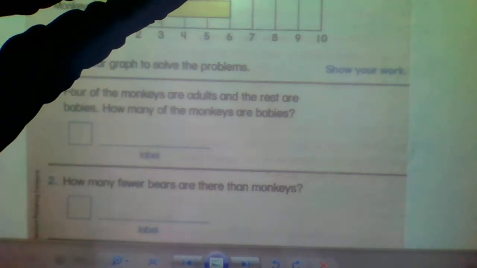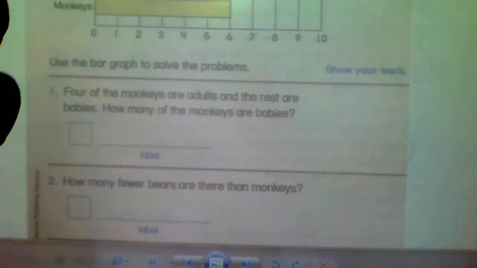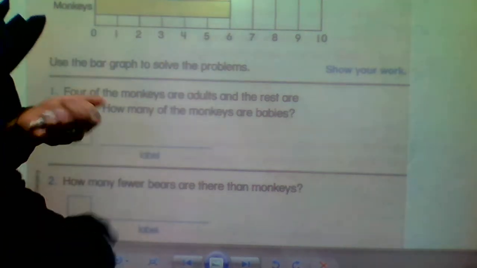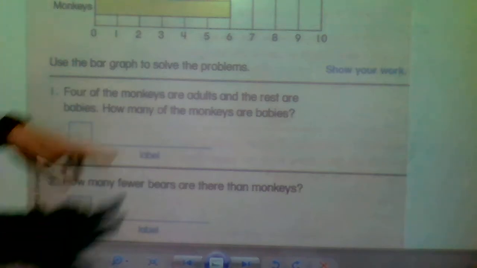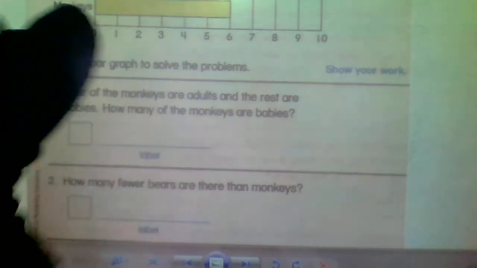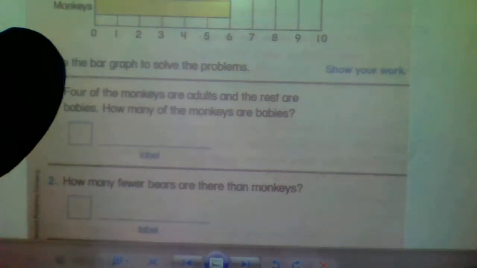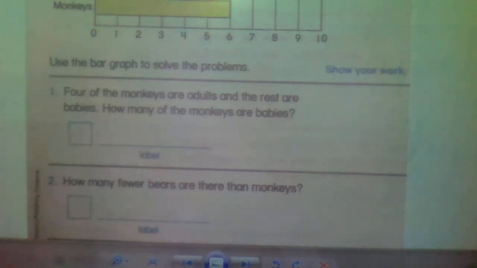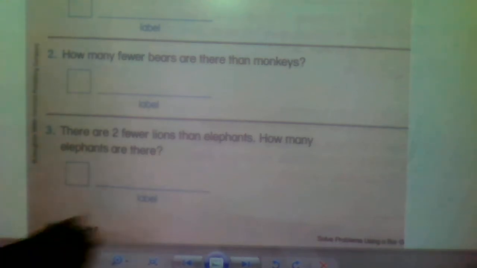If there's 2 fewer lions, how many elephants are there? That means there's more elephants. So you need to use your thinker right here. What are we going to put in there? 2 fewer lions than elephants. That means there's more elephants.